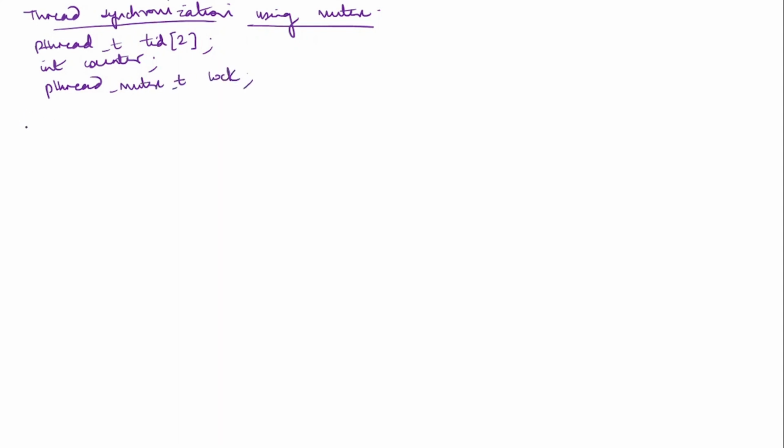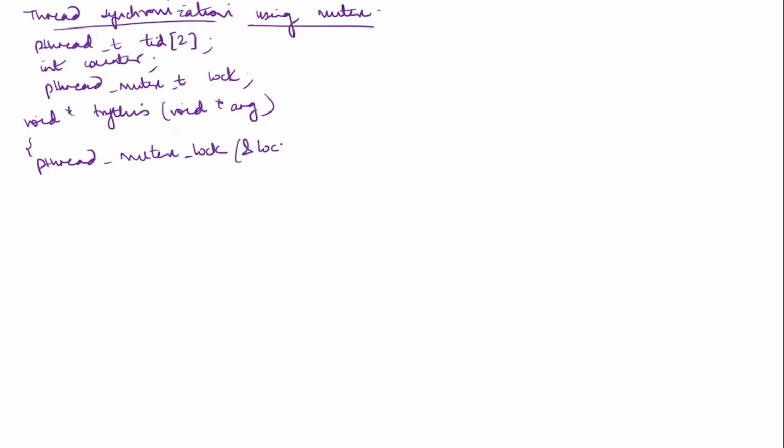So these are the three global variables which I declare. Then I write one function which will be called by the threads that I will be creating. Inside this function, first I create the mutex lock.